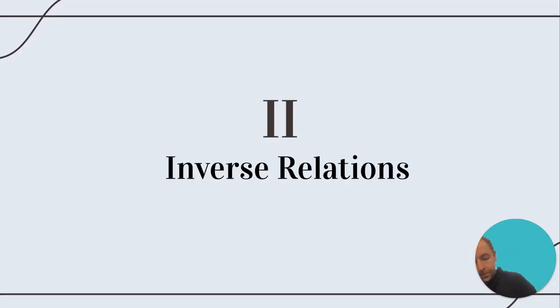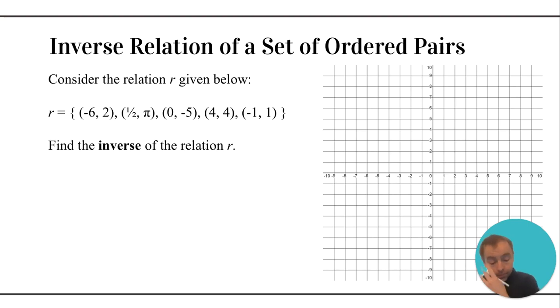Okay? So let's get right at it and introduce exactly what it means to have inverse relations, first of all. What you have listed here is a relation R. R is equal to, and because you have these curly braces around everything, that means you have a set of things, a collection of items, and it's going to be a countable or finite collection, because that's when we use those curly braces, right?